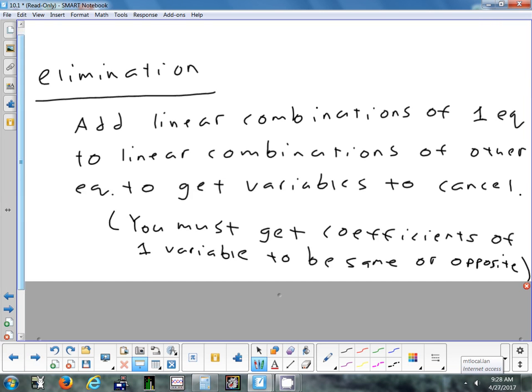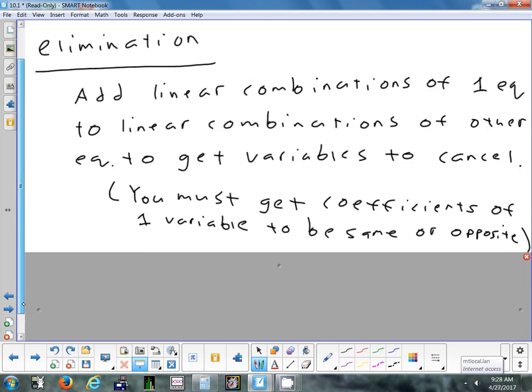So the goal with elimination is you're going to add multiples, or what we call linear combinations, of one equation to another equation to try to get variables to cancel out. How do you get variables to cancel out?